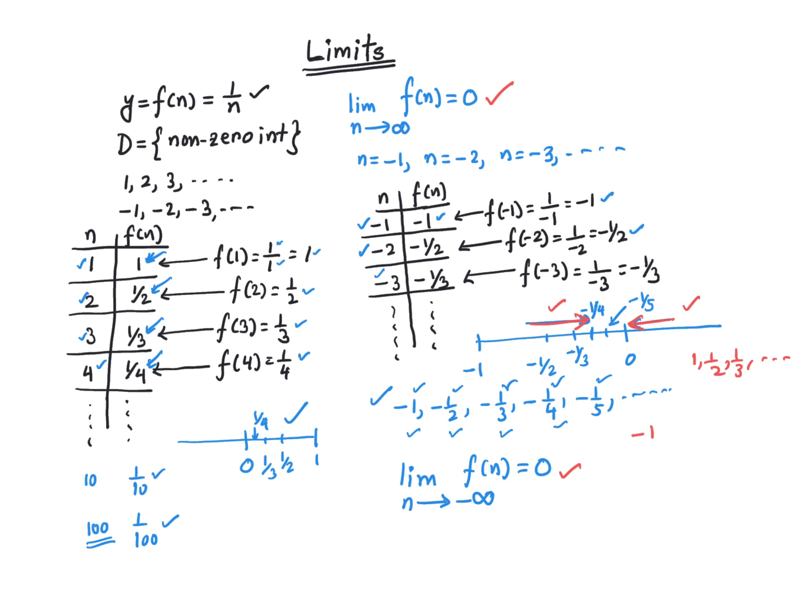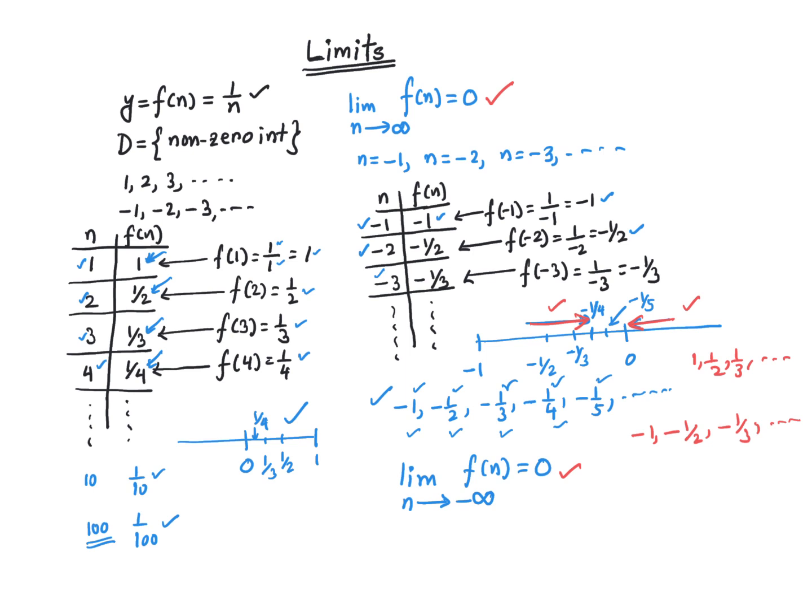That means from negative 1 it goes to negative 1/2, negative 1/3, and this sequence keeps going. Ultimately, it approaches the point 0.